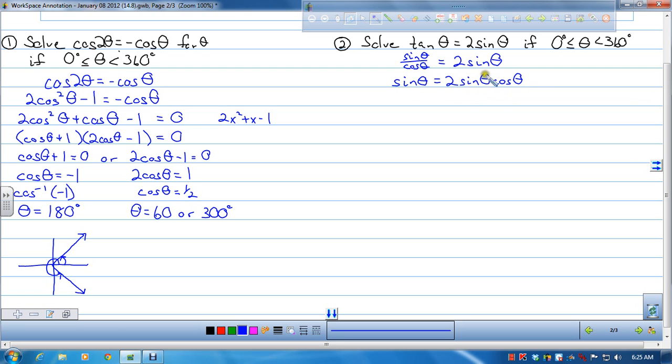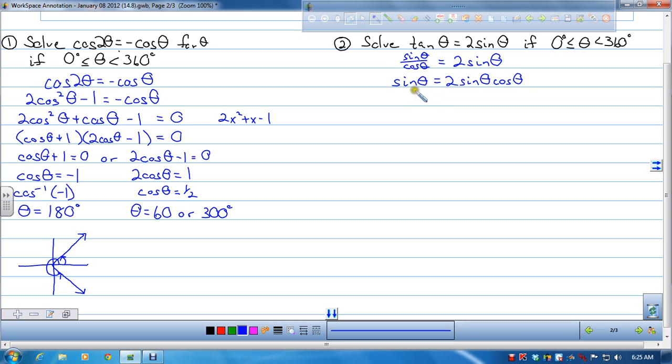Now, a lot of times I'll be looking to get something equal to 0, right? So move things away. What I would want to do, I recognize I have a sine here in both. So if I move this over, I'll be able to factor out that sine, and that might get me somewhere.